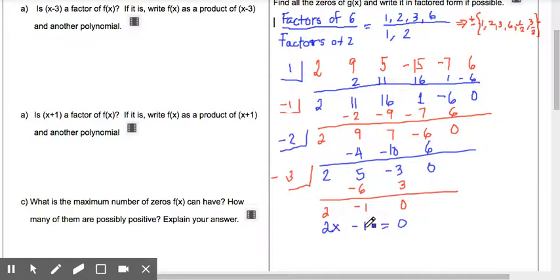Now we can just solve for x here. We'll add 1 to both sides, and therefore 2x is equal to 1. Then we divide both sides by 2. And so finally we'll have x is equal to 1/2. So now these are the 5 zeros of the function. 1, 2, 3, 4, 5.